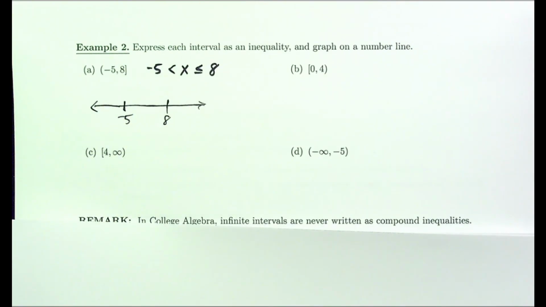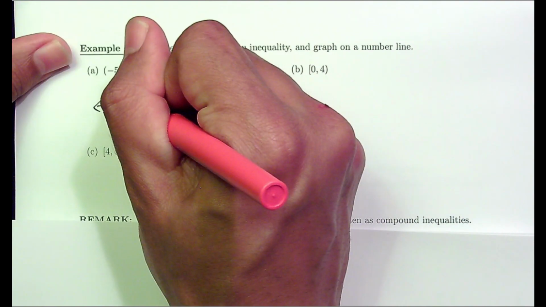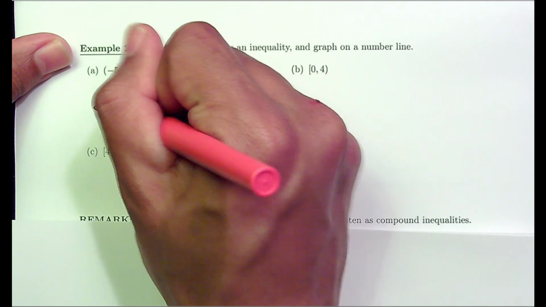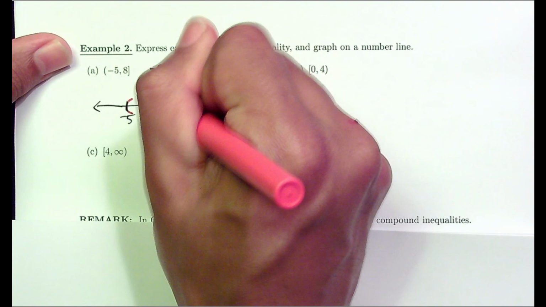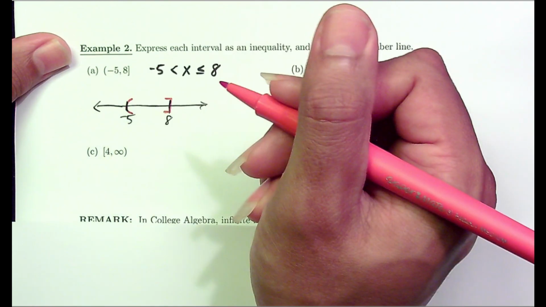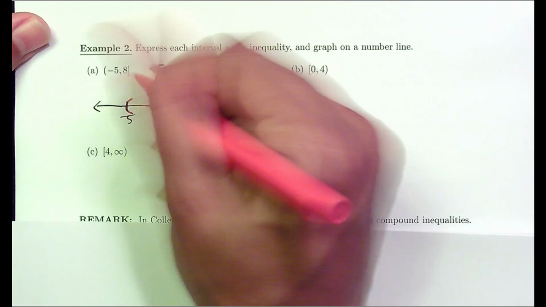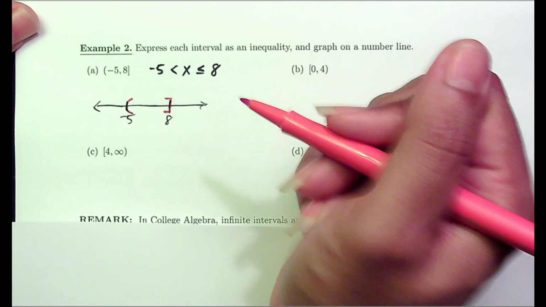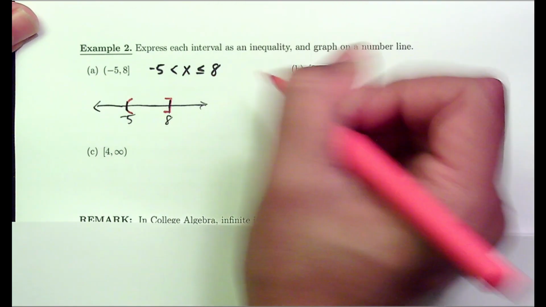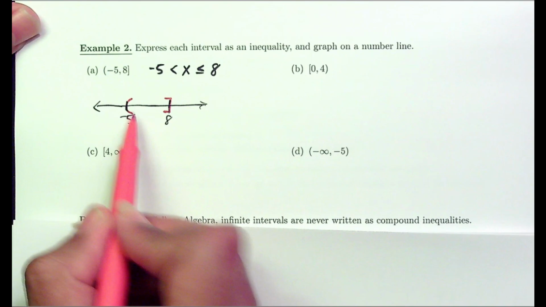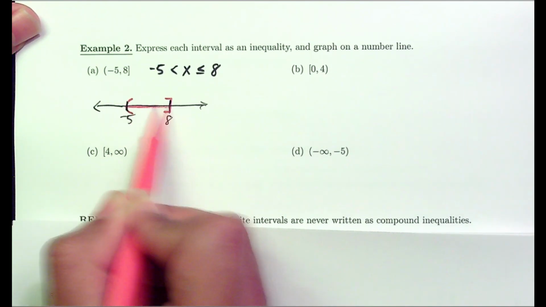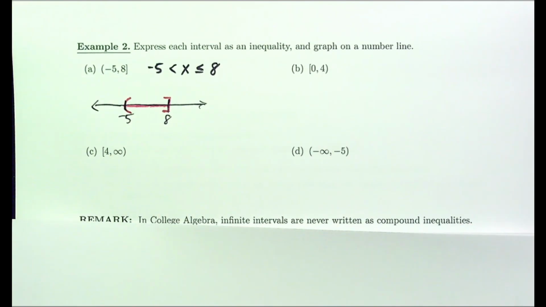I want all numbers between -5 and 8, not including -5, but including 8. So not including -5 means you do a parenthesis there. Including 8 means you draw a bracket there. So it should look like your actual interval. Parentheses on the left, bracket on the right. And I want all the numbers in between. And there you go. That's the picture.